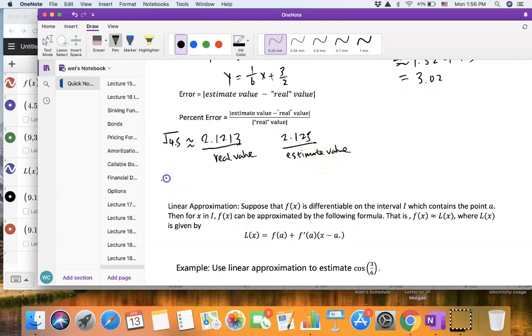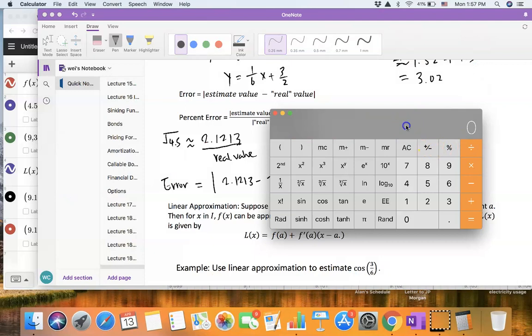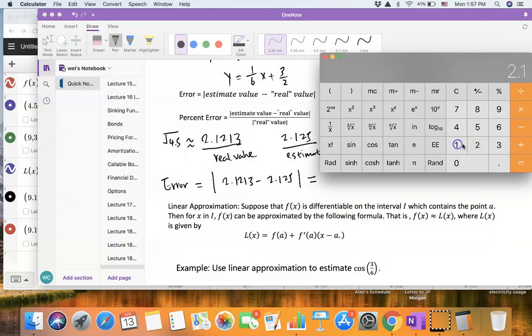So the error equals the absolute value of their difference. So the error is 0.0037.